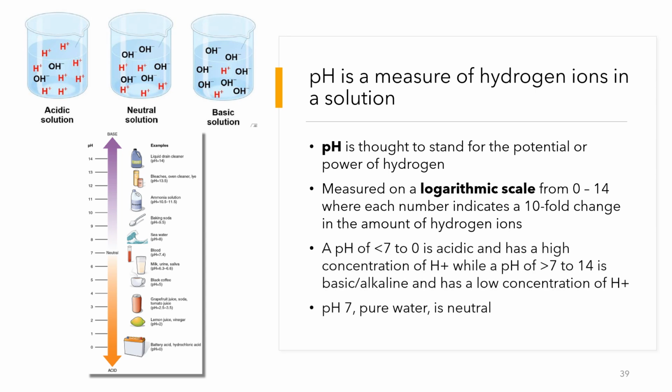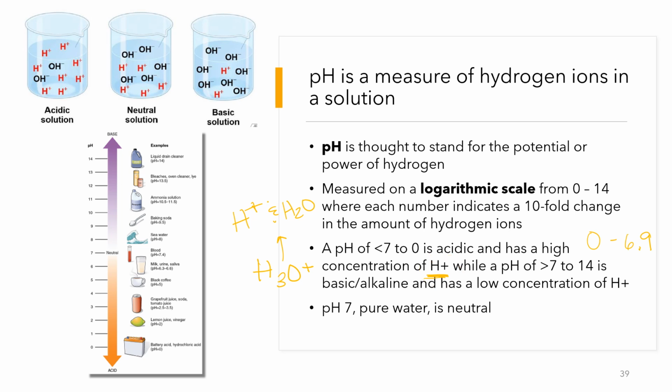So from a pH of below 7 to 0, so from 0 to 6.9, you're going to have something that has a very high concentration of H+, basically those hydronium ions. Those often will dissociate into or break apart into hydrogen ions and water. So that's why we say it has a high concentration of hydrogen ions, or H+.